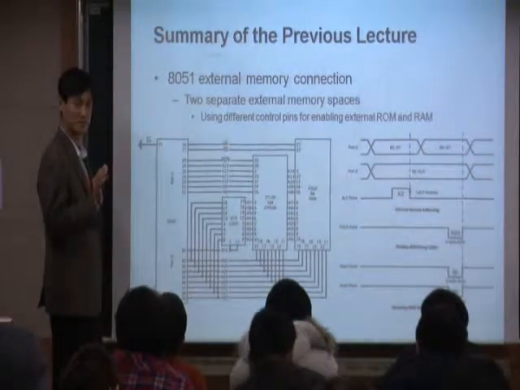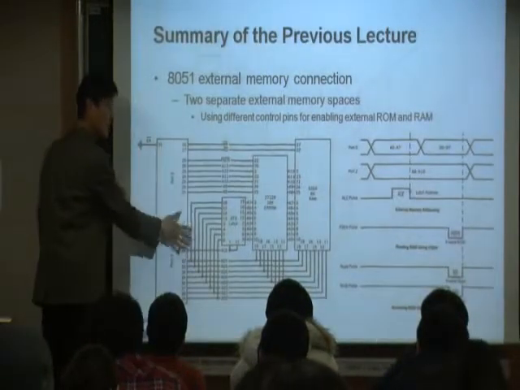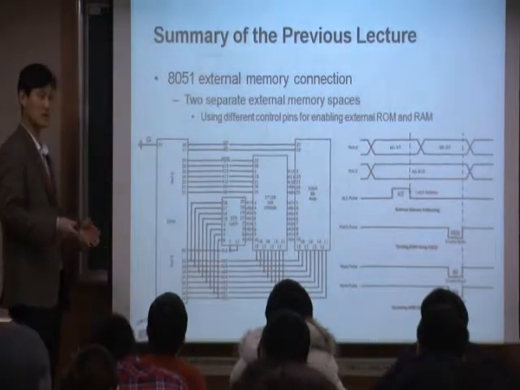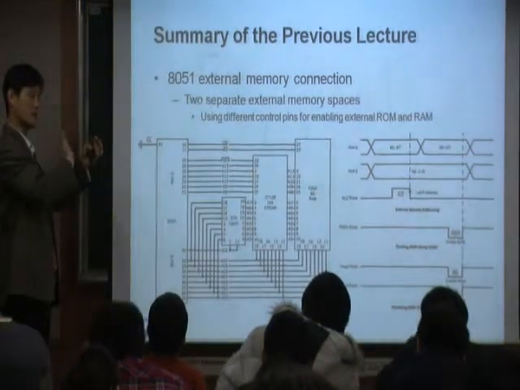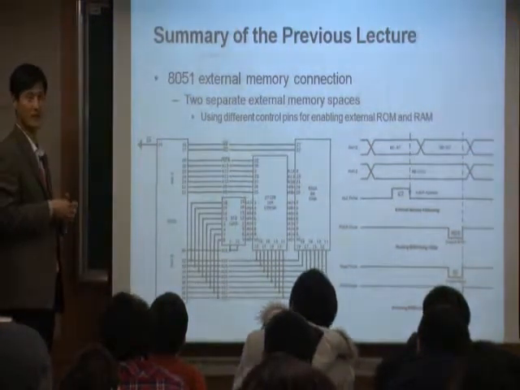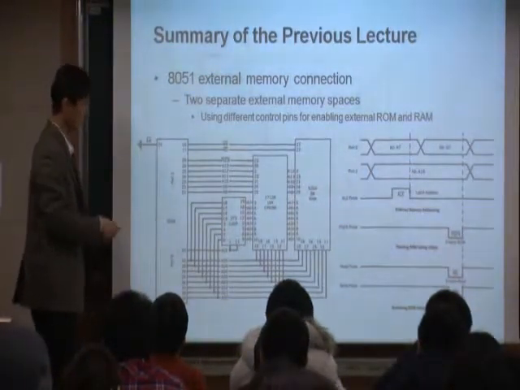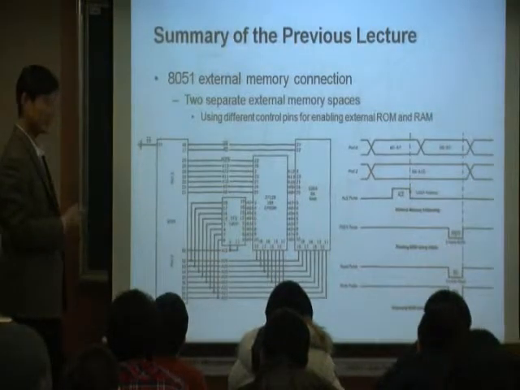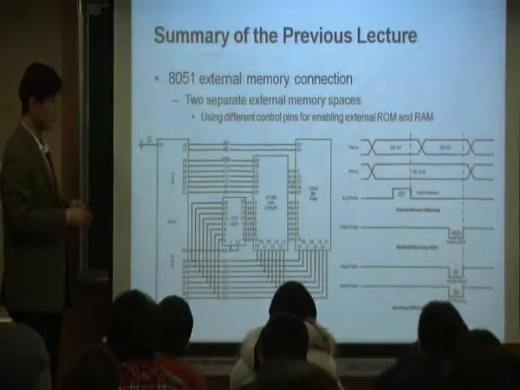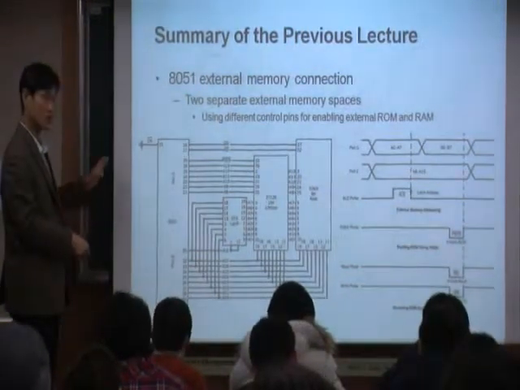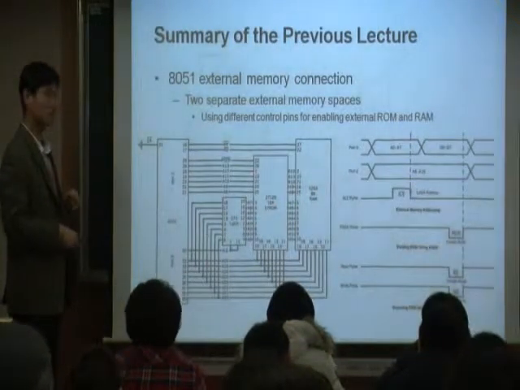If you had a separate 8 pins for data, and these 2 ports were address, that would be simple: a processor with 16 pins connected to the address, another 8 pins for data, and two memory inputs, address and data. But in this case, that's not the case. In the 8051, in order to save the number of pins, they made the architecture this way, where port 0 is shared by address and data.